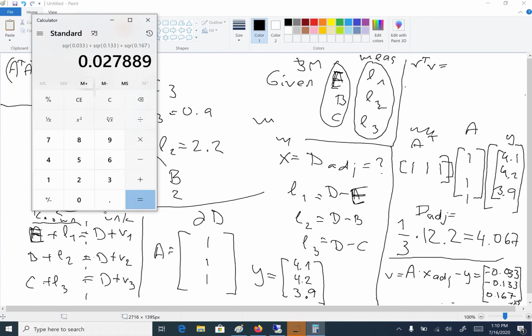That's going to be the sum of the squares of the residuals. Obviously the sign doesn't matter since they're going to be squared. And that gives 0.047.